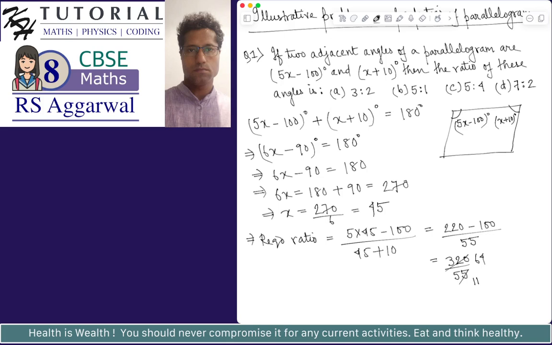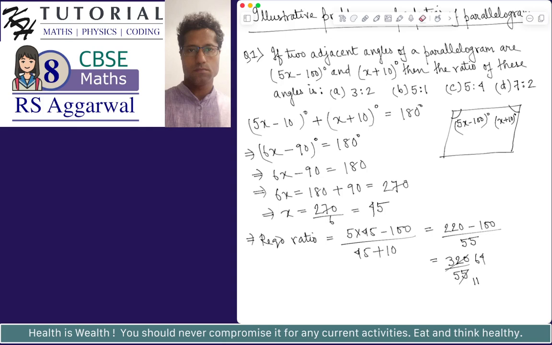I will quickly check whether I have copied the question correctly or not. Oh, sorry. It is 5x minus 10. My mistake. Sorry. This is 5x minus 10.